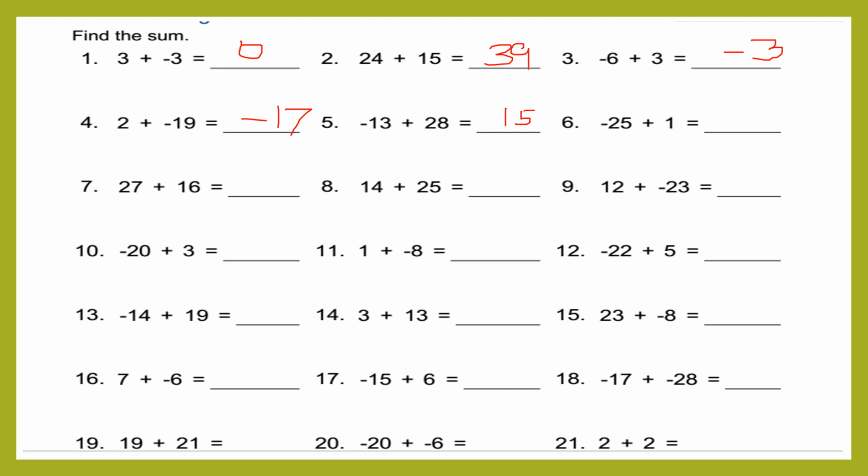Negative 25 plus 1 is negative 24. 27 plus 16: 7 plus 6 is 13, carry 1, so we have 43. 14 plus 25 is 39. Then we have 23 minus 12, that is 11.